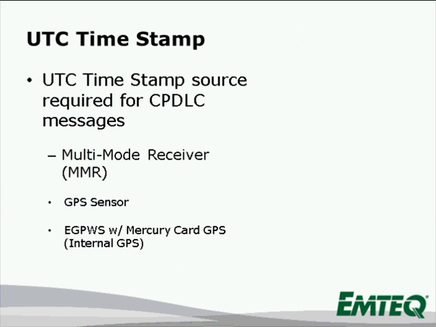If the aircraft does not have multi-mode receivers or some other type of position source, an independent GPS sensor can be installed. Those are typically low-cost options, and some of the options actually offer paths for upgrade for future flexibility, for things like performance-based navigation and other mandates coming down the line that require a similar interface.